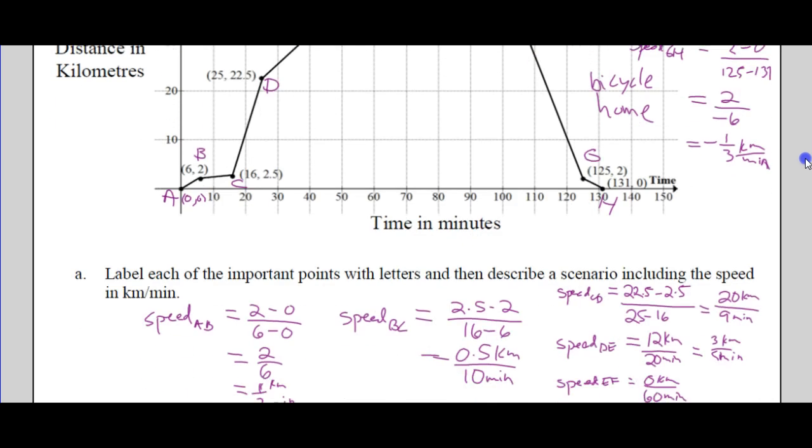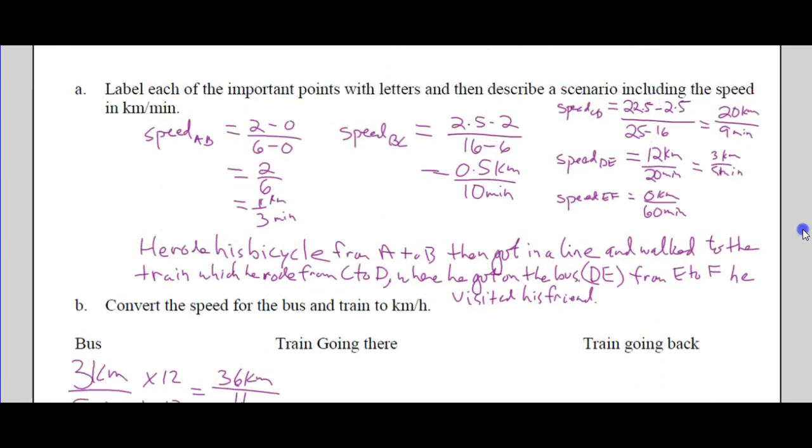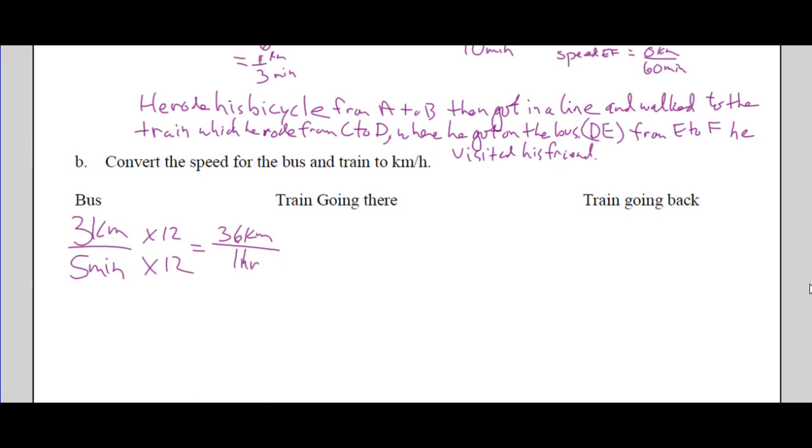Okay, the train going there was C to D. I think we said that was the train going there, which was 20 kilometers in 9 minutes. So we're going to have to multiply by 60 over 9. So 9 times 60 over 9 equals 60.